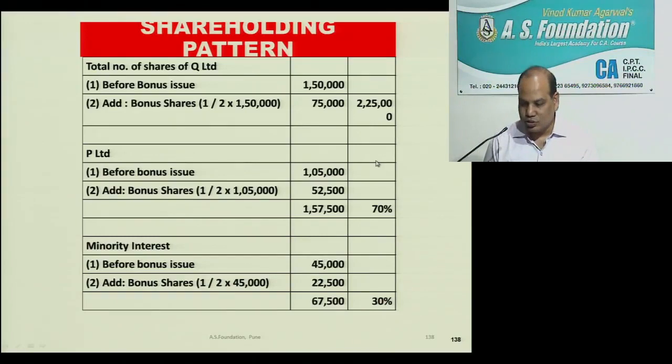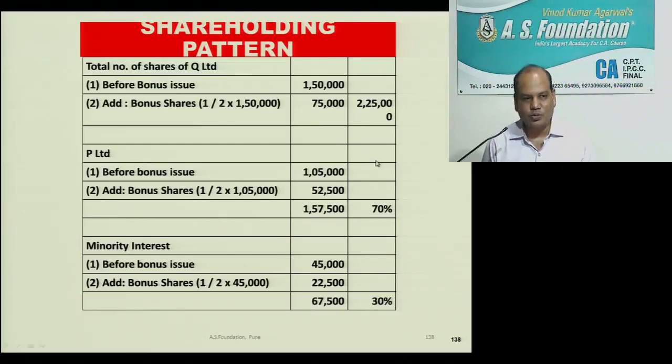Total number of shares of Q before bonus issue: first column 1,50,000. Add bonus share 75,000. Total in the outer column 2,25,000. P Limited before bonus issue 1,05,000. Add bonus share 52,500. Total in the same column. In the outer column percentage is the same, 70%.